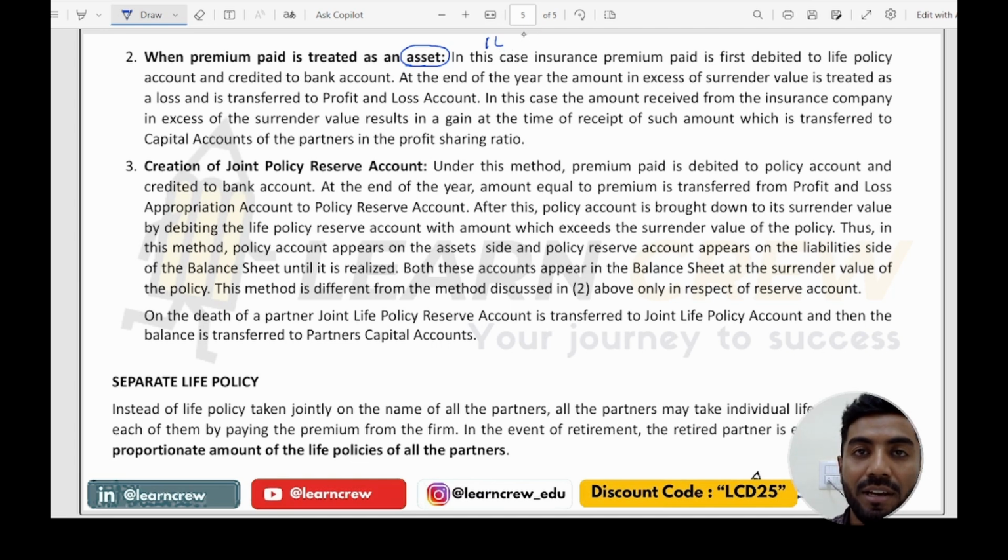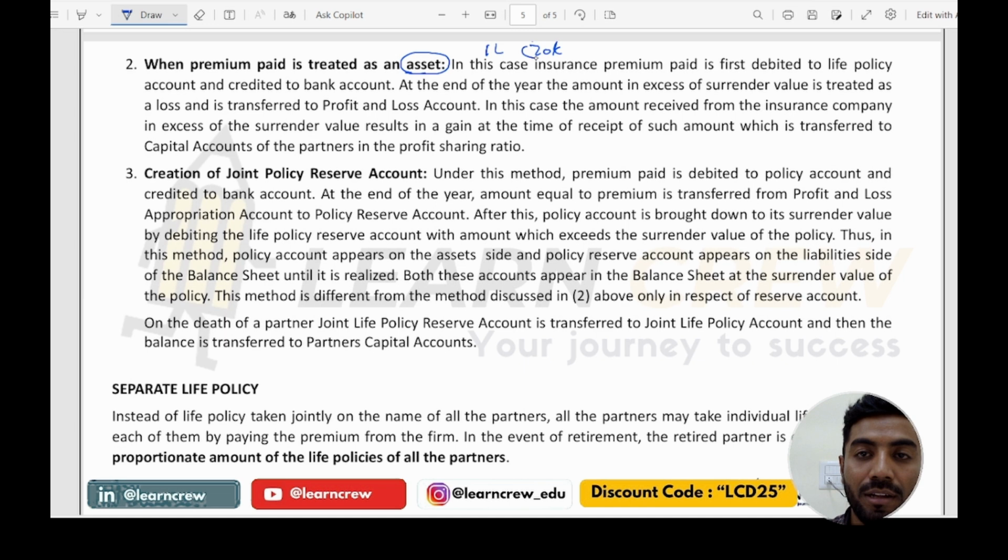But at the year end, you would have paid 1 lakh, but the surrender value might be 70K. This difference is to be charged to the profit and loss account. The balance sheet should reflect the 70,000 value, not 1 lakh. Initially, you'll record it at 1 lakh, then at the year end it has to be brought down to the surrender value. That difference will be transferred to the P&L account.